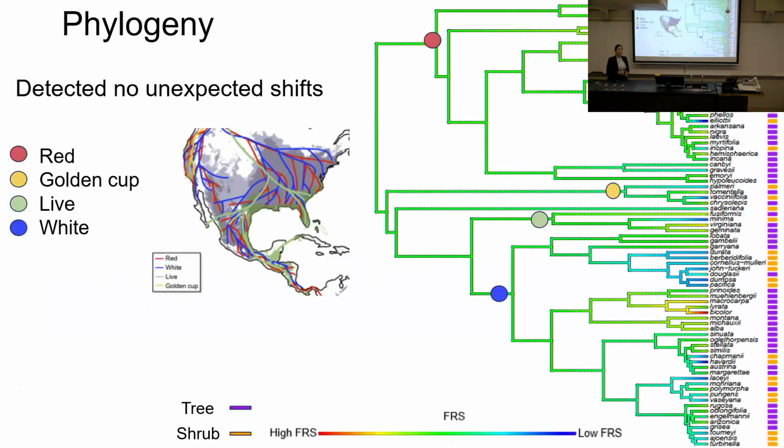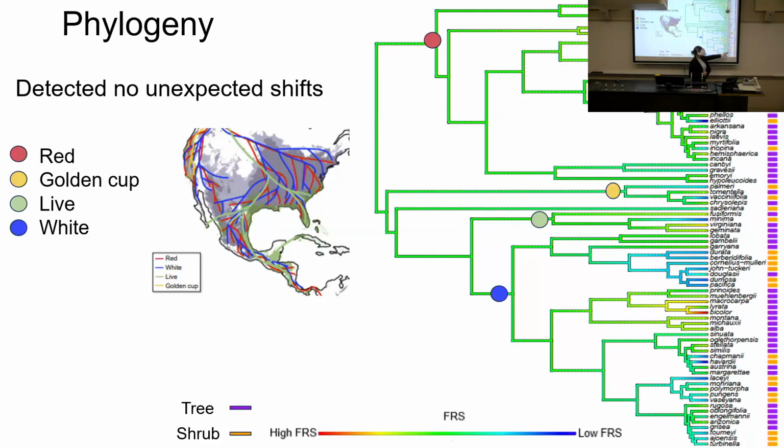But then we also constructed an ancestral character state reconstruction for our phylogeny of the US Quercus species. Here we have fire resistance shown across the bars: higher fire resistance shown in red, lower fire resistance shown in blue, and intermediate fire resistance in green.